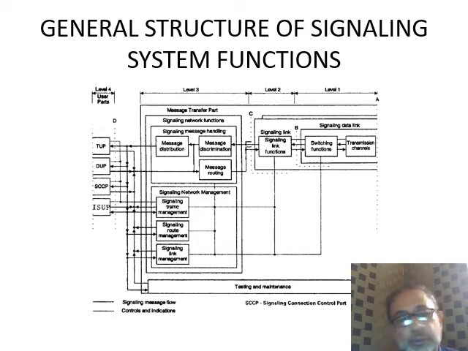It is quite close to the network layer of the TCP/IP protocol suite. Here we have signaling message distribution, message discrimination, and message routing, which are parts of the signaling network functions. And on the signaling network management part, we have signaling traffic management, signaling route management, and signaling link management.